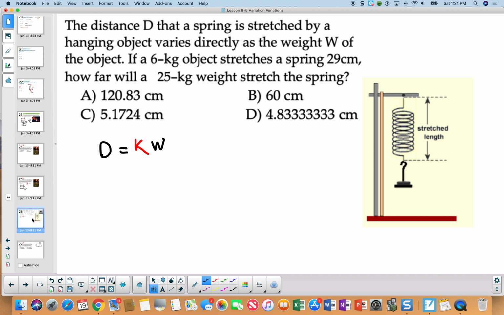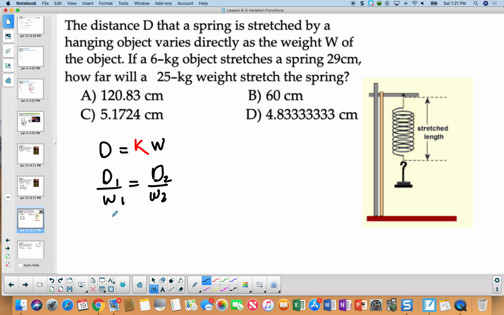Let's take a look at another problem. This says the distance a spring is stretched by a hanging object varies directly to the weight. So I went ahead and wrote my direct variation. Notice that it is aligned. And so now I'm going to put my values in. I'm going to write d1 over w1 is equal to d2 over w2, because when I divide both sides, I'm going to get this ratio.